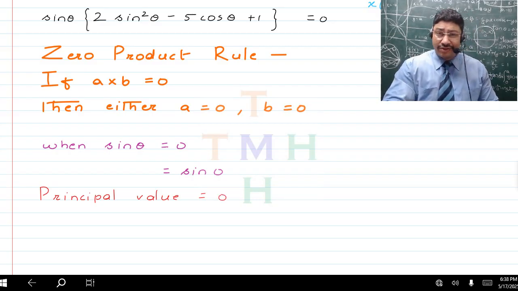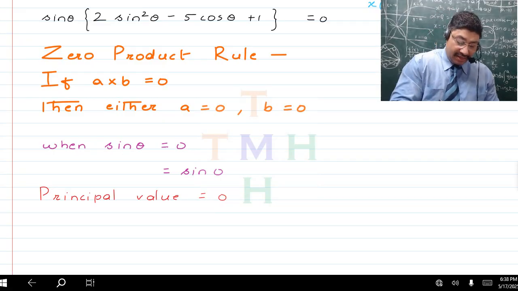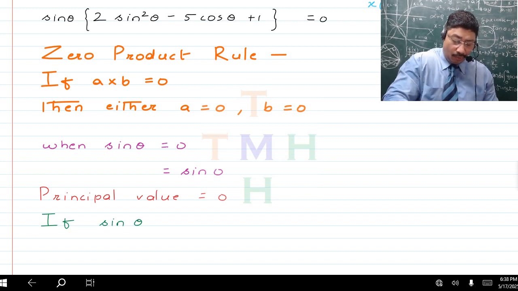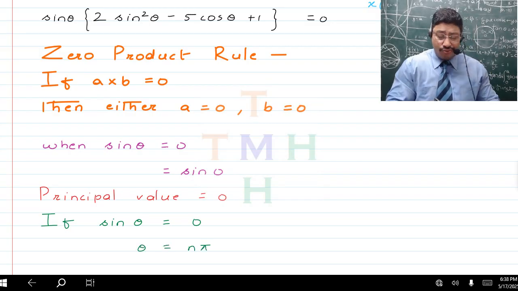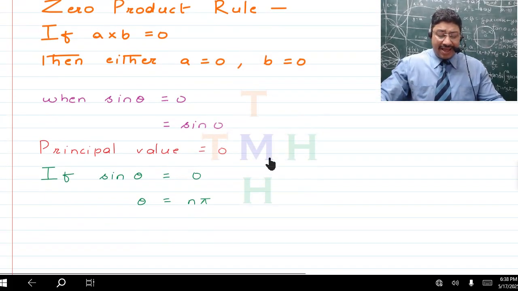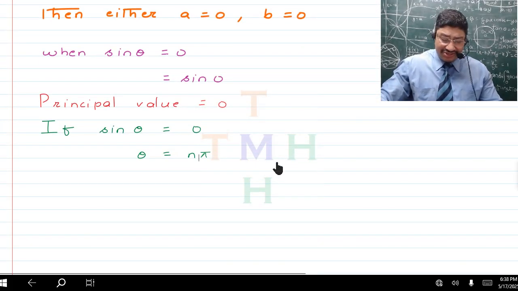Okay, now we come to the general solution. For the general solution, children, there is a rule. If we have sine of angle theta equal to 0, then the general solution is theta equal to n pi. Now children, this is a rule, right? Whenever you keep the value of n as any positive or negative integer, you will get all the general values of theta. So when sine theta is equal to 0, the general value of theta by this formula is n pi.